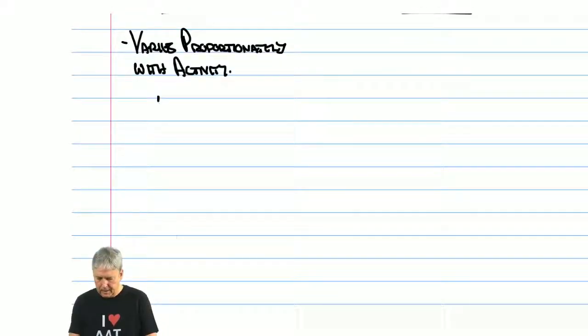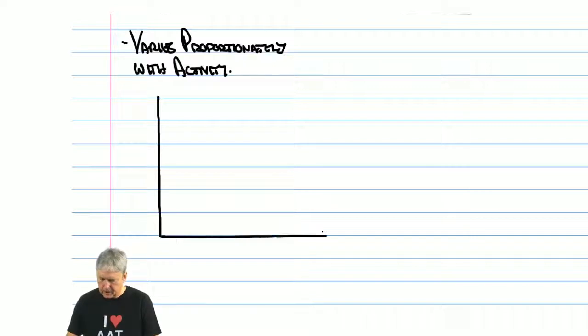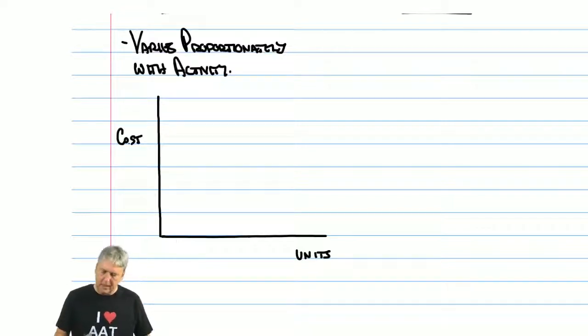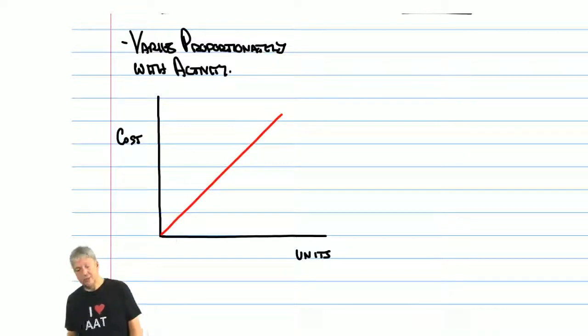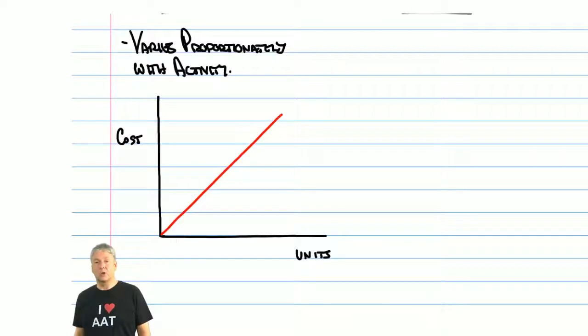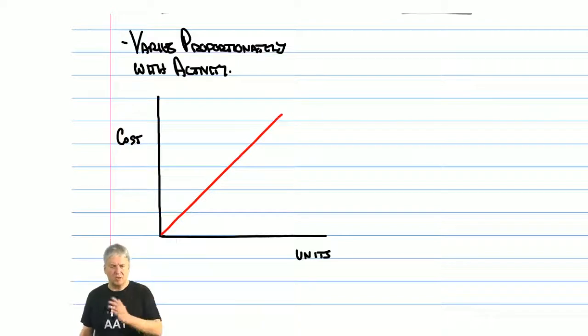So, if we were going to draw a pretty chart, and we talked about the units produced and the cost, all we would expect is this sort of relationship. As the number of units rise, so does the cost. We have a straight line rising through the origin. Okay? Very straightforward indeed.